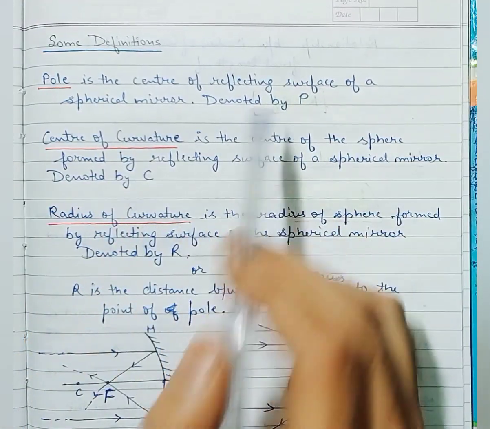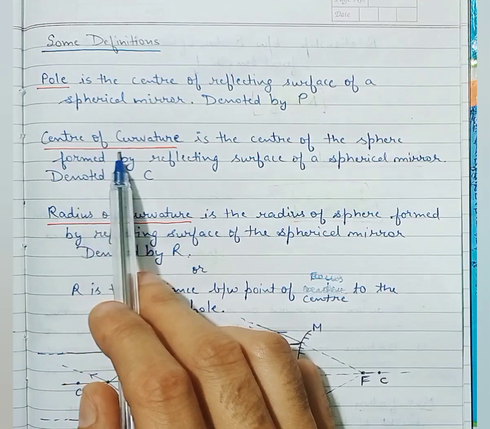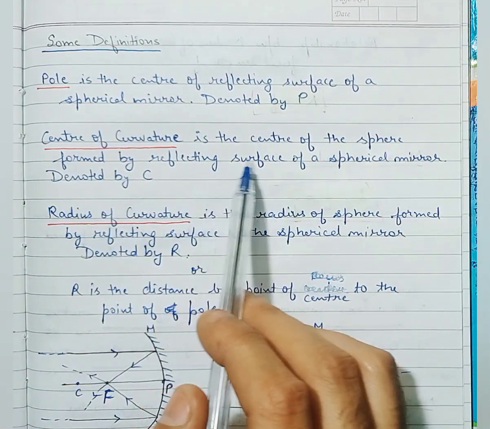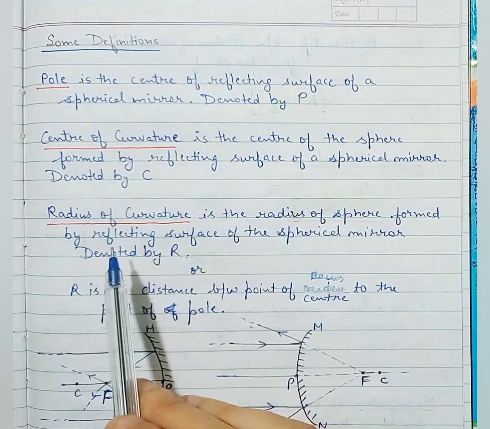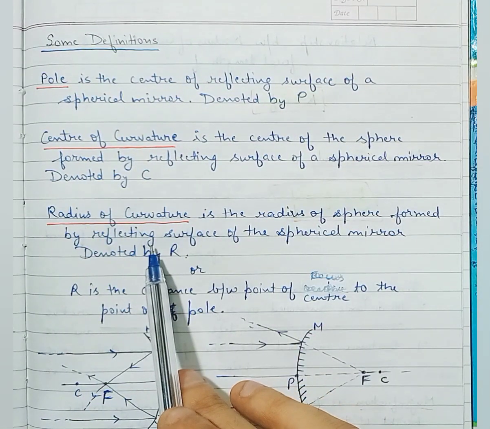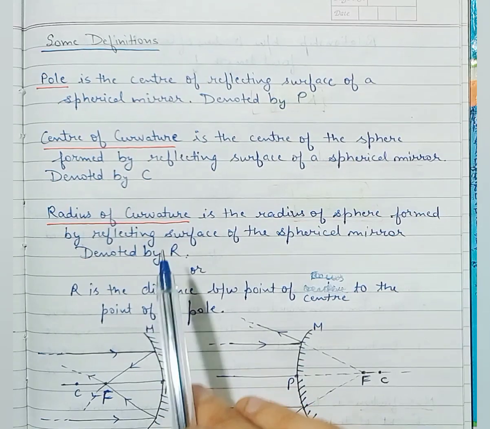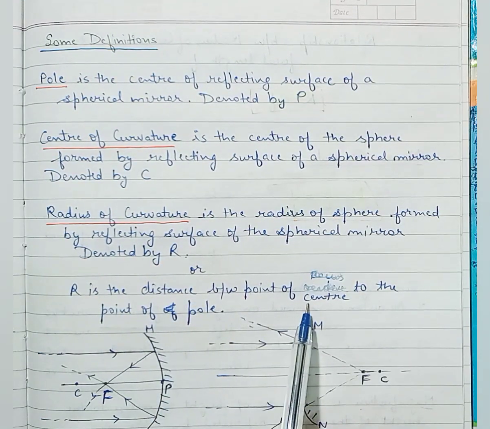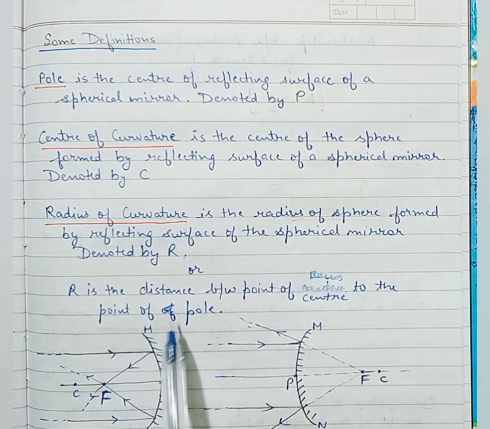Here are some important definitions. The pole is the center of the reflecting surface of a spherical mirror, denoted by P. The center of curvature is the center of the sphere formed by the reflecting surface of a spherical mirror, denoted by C. The radius of curvature is the radius of the sphere formed by the reflecting surface of the spherical mirror, denoted by R. Or we can say that R is the distance between the center and the pole.